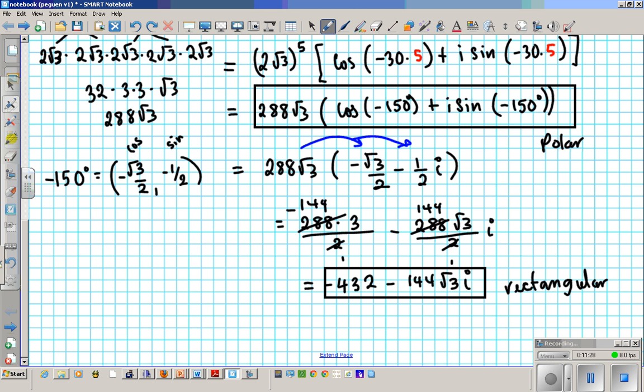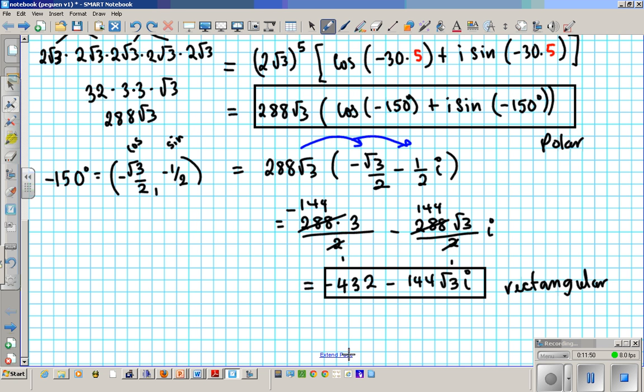Now we're going to try an example involving the principal root. But before we write that down, let's write down what the rule is. What is the formula for finding the principal root of a complex number in rectangular form?